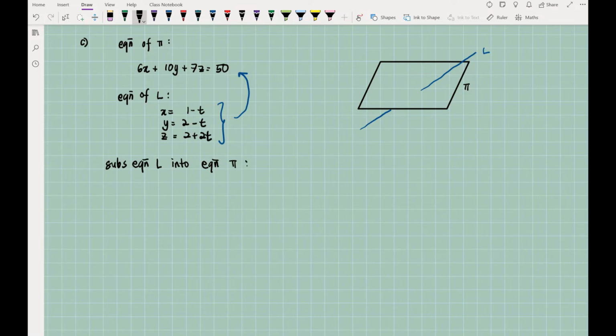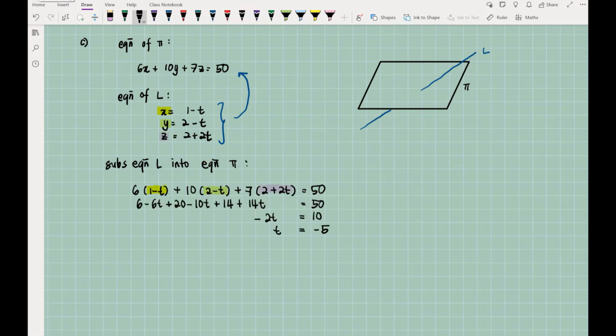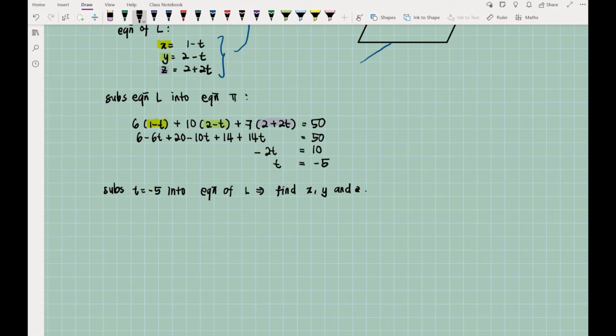So the question asks us, for question C, to find the point of intersection between the line L that we found in question B with the plane pi that we found in question A earlier. So to find this, what we can do is recall the equation of the plane, and substitute 1 minus t. Now that we have substituted, we can find the value of t.